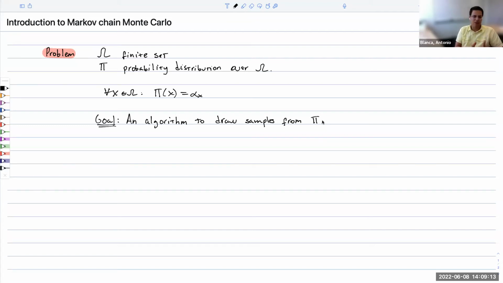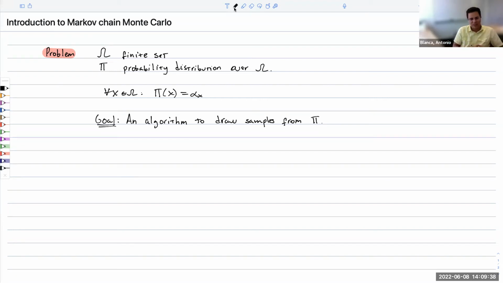I know the probability of every outcome is 1/6. Sampling is just you generate a random number and map it to the different possible numbers, and you output whatever, based on the random number that you got. So yes, when the finite set here is small, when we know the probabilities, this is a simple problem.